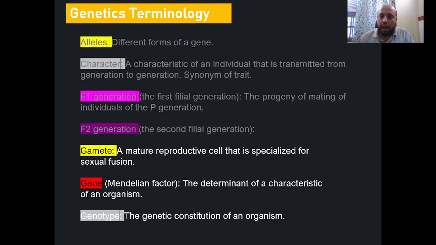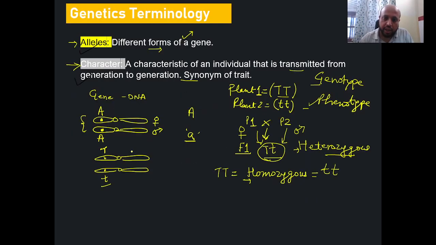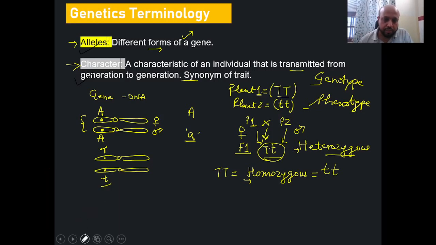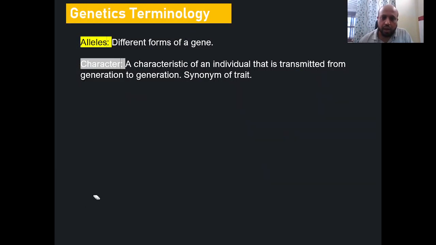Now we also come across a terminology which is called a gamete. A gamete is a mature reproductive cell that is specialized for sexual fusion. Let me first rub this out so you can understand how we talk about gametes.